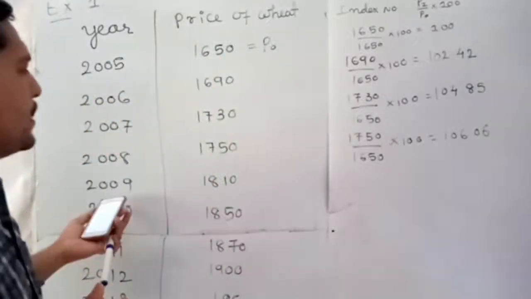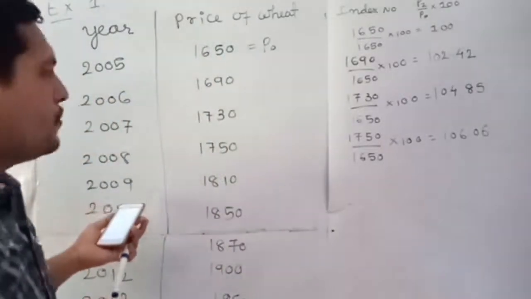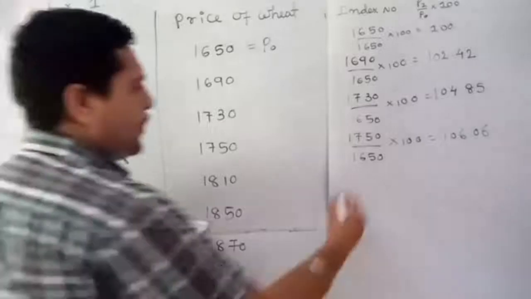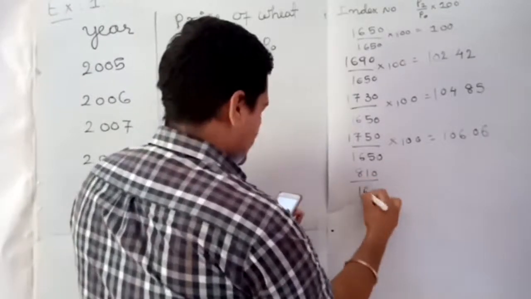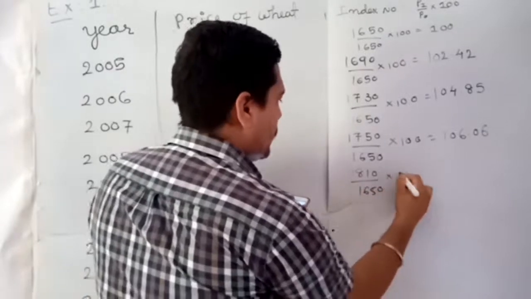After that, for year 2009 we have to take the ratio of 1810 divided by 1650 into 100.